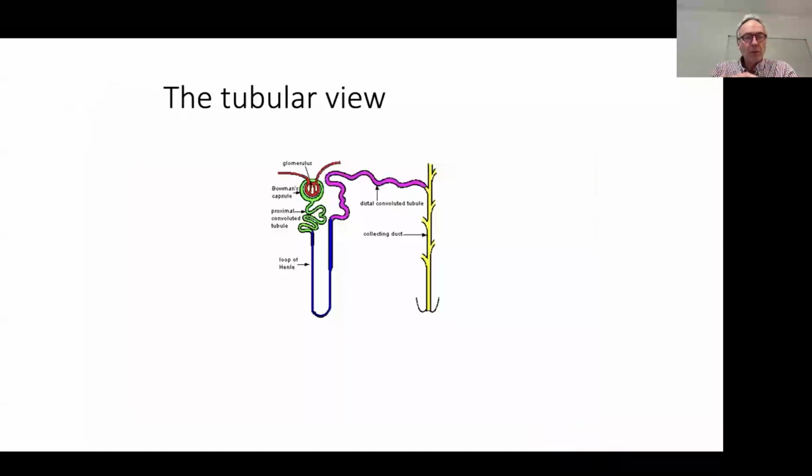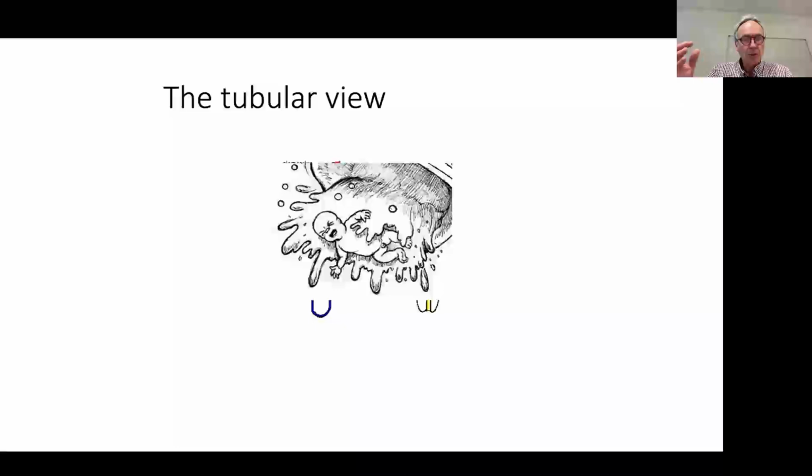And from a tubular view, of course, these super filters are only a small appendix here to this whole structure, which we call a nephron, and which mainly consists, obviously, out of the tubule. And from a tubular view, these super filters are really super stupid, because all they do is they throw out a lot of bath water.